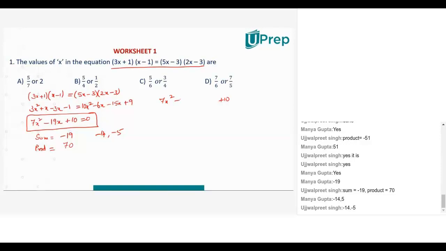Then what will happen? We'll keep the 7x square as it is, plus 10 as it is, but the minus 19x we will write as minus 14x minus 5x. So from the first two terms, we'll take out 7x common. I'll continue this here only as an equation because now we got sufficient practice from expression to equation.